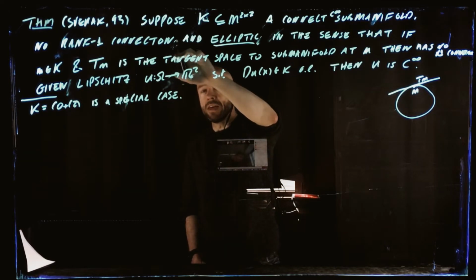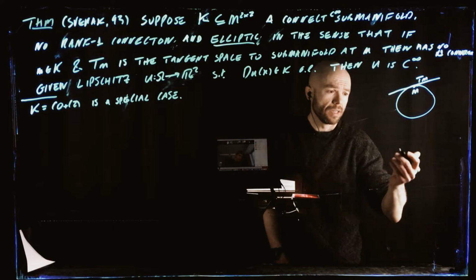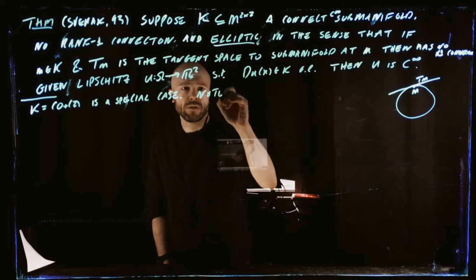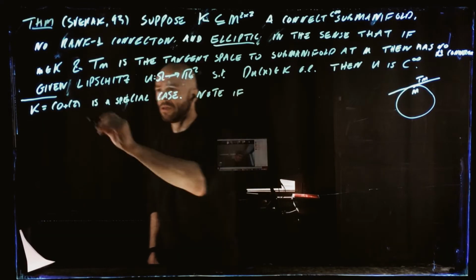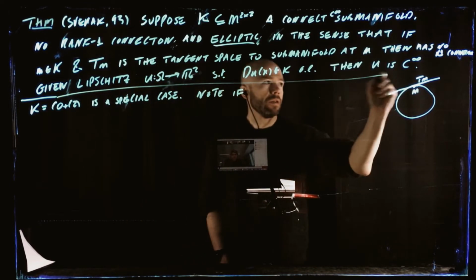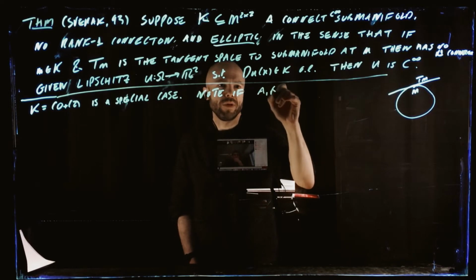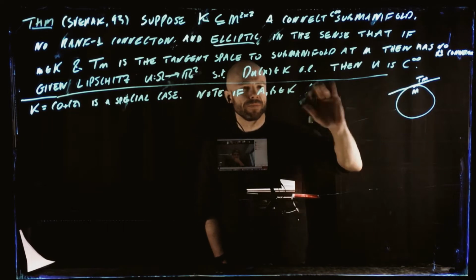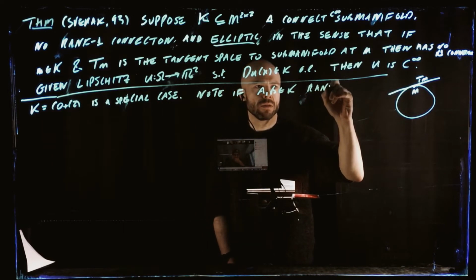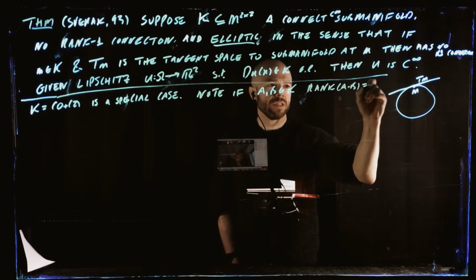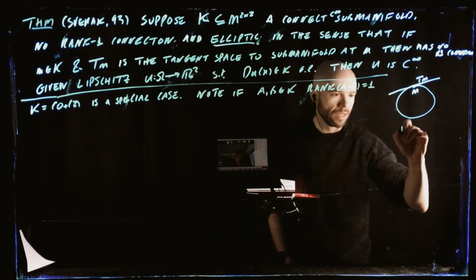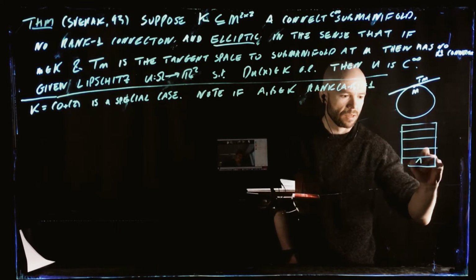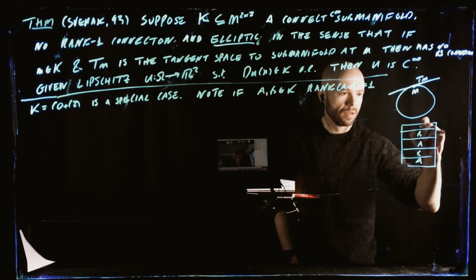And hopefully you guys can see straight away that if we don't have the hypothesis of having no rank 1 connections, then it's false, right? So note, if A, B belongs to K and the rank of A minus B is equal to 1, then we can do this function that we did before, this so-called laminate function like this, A, B, A, B, A, B, right?